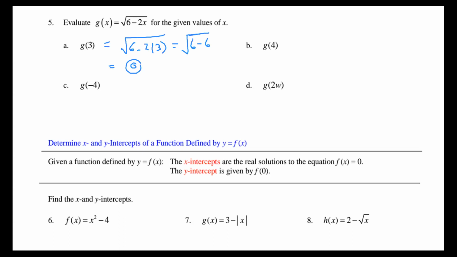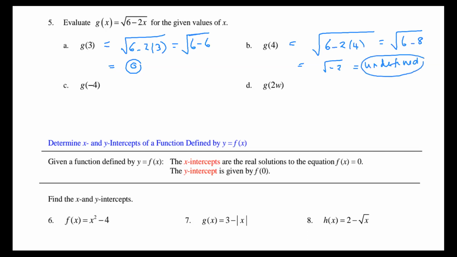And then plug in 4 for x. So we are getting 6 minus 8, which is a negative number. If you have a negative inside the square root, it's basically an imaginary number. So it is undefined or imaginary. Next one, plug in negative 4 for x. So we get square root of 14.